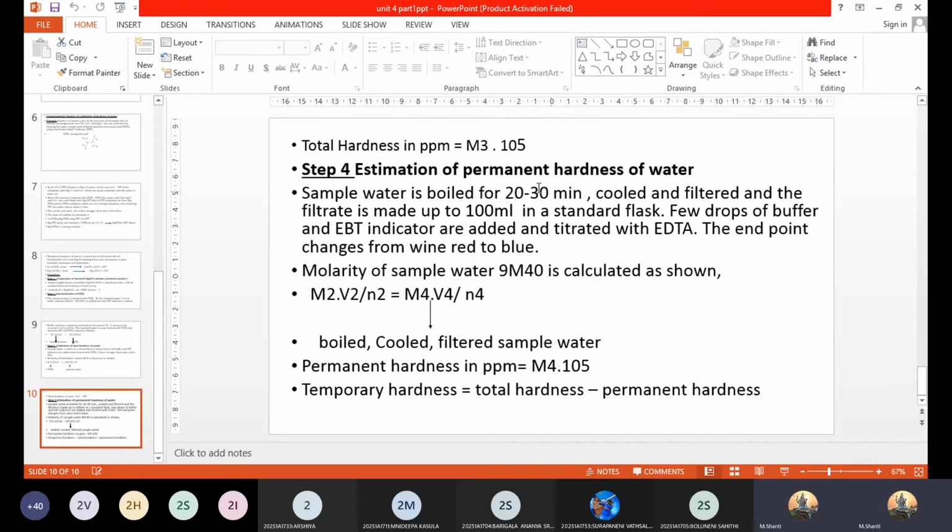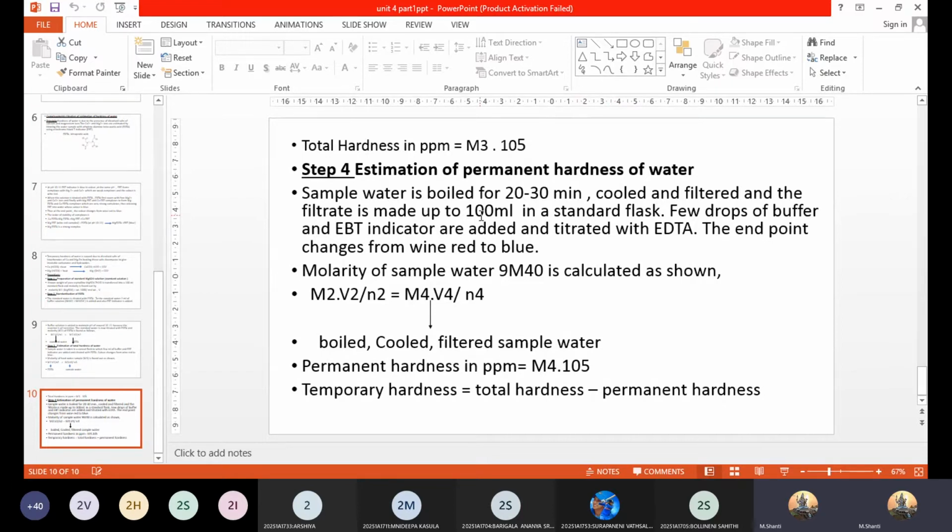When you boil 100 ml water for half an hour, it comes down to almost half of its original volume, around 50 ml. That is only a rough estimation. So in the standard flask, after filtering the boiled and cooled water, you will be left with only 50 ml of water.